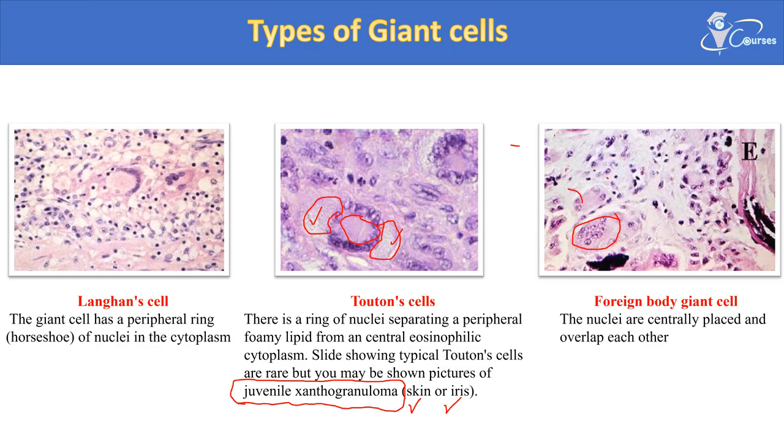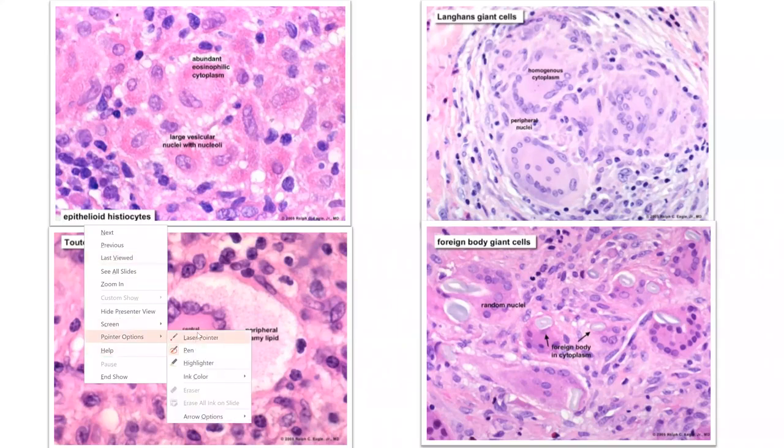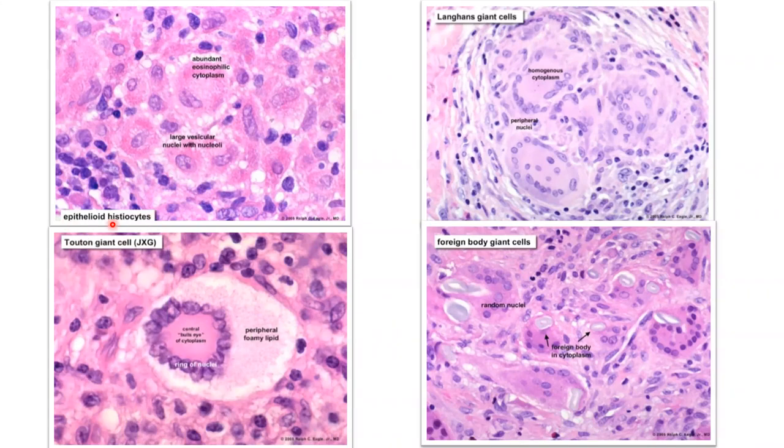So to summarize, granulomatous inflammation is characterized by the presence of epithelioid histiocytes. So these are the epithelioid histiocytes. And this is the Langerhans cell, showing the peripheral ring of nuclei taking the horseshoe pattern.